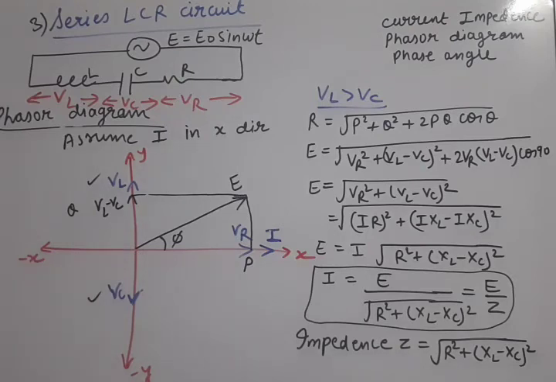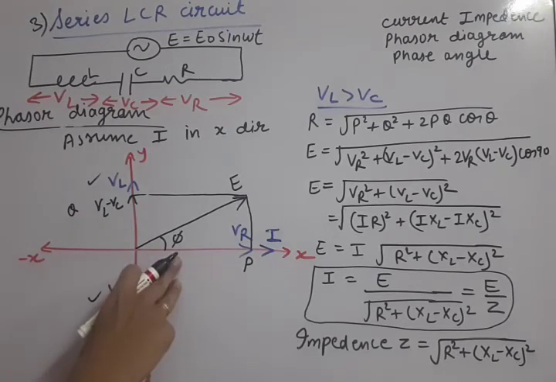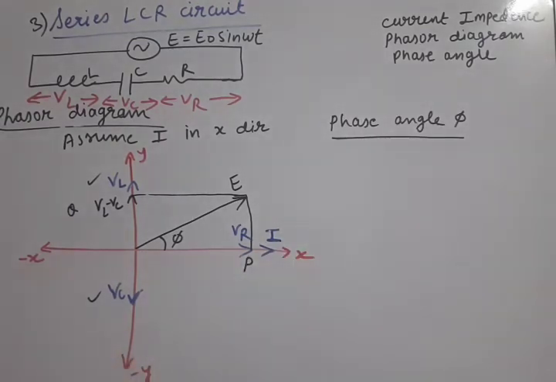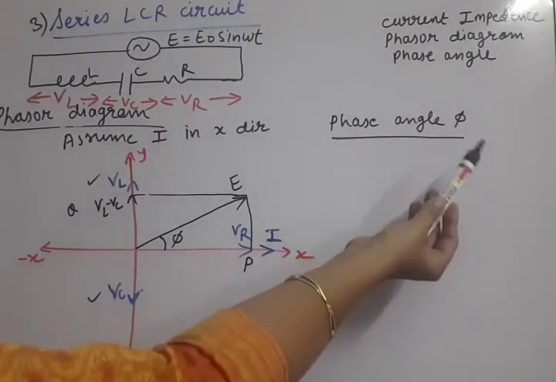What will change? That is phase angle phi. So firstly we will calculate the phase angle for VL greater than VC case in the next sheet. So note down this detail. Now we have to calculate the phase angle phi between voltage and current.